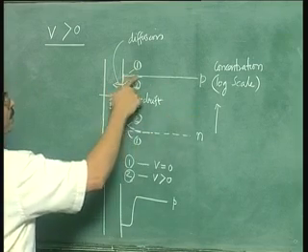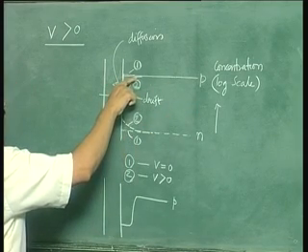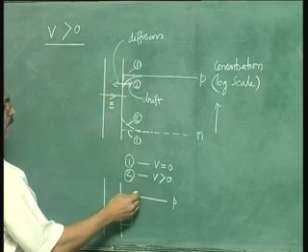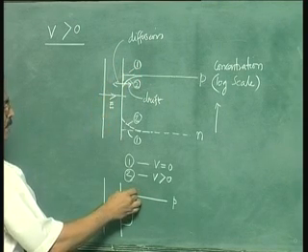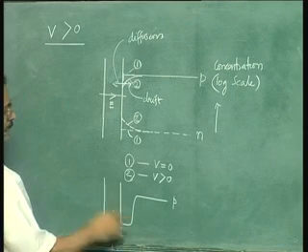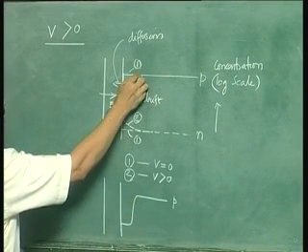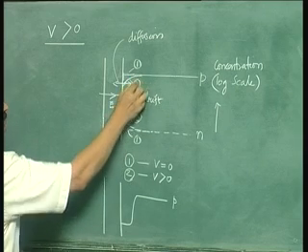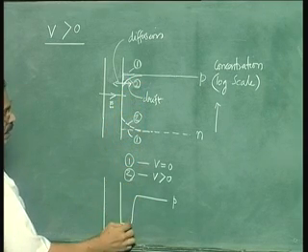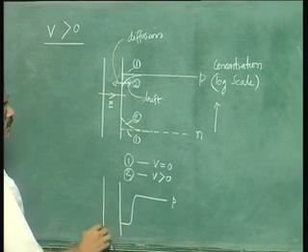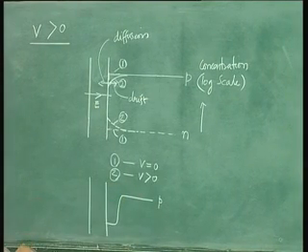This is a log scale, just like what we did in a p-n junction. So here you have a depletion of holes. In the depletion region, if you recall, the majority carrier concentration falls like this. So this is a fall by a factor of 10 over a small region of width this much. That is what is shown here, and beyond that the concentration is a very small fraction of this concentration.